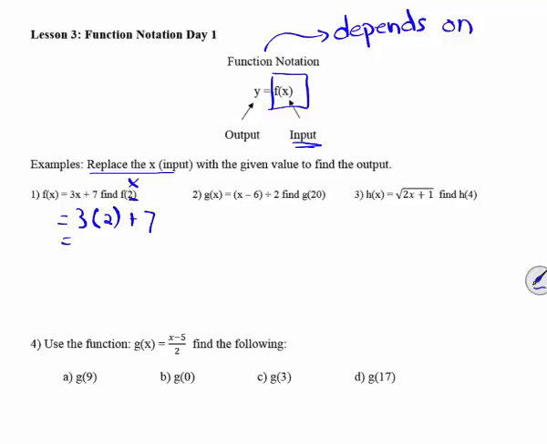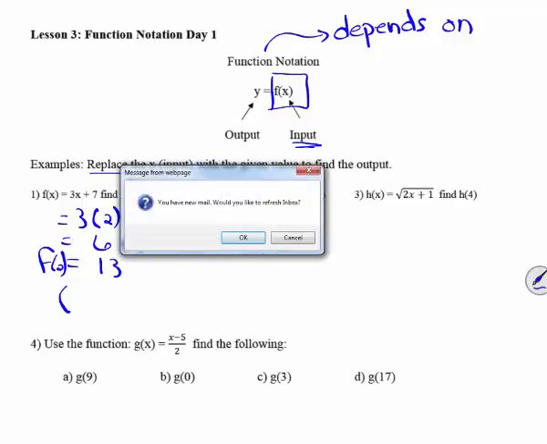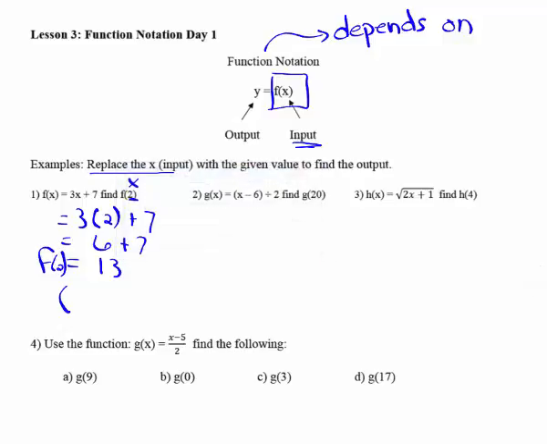Well, I can do that, right? 6 plus 7. So f of 2 is 13. That means if I had to write it as an ordered pair for a graph, it would be (2, 13). When x is 2, the function is 13.